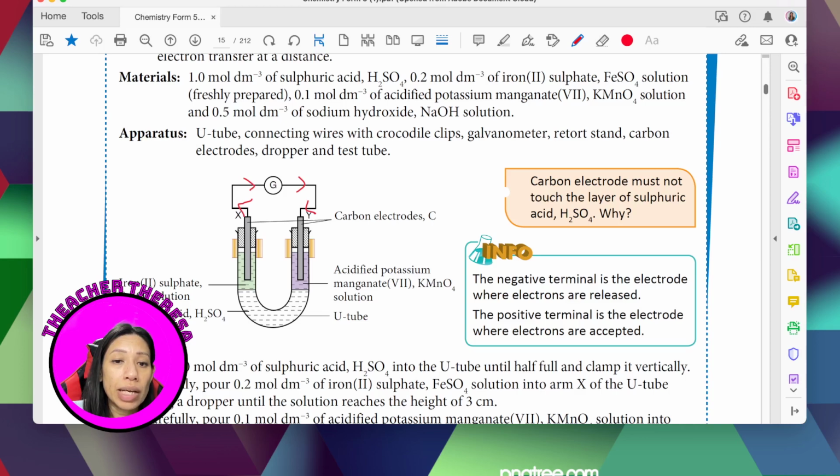So if there is a reaction, there must be some kind of color change here. Here iron(II) is green, so it will change to brown. Brown is actually iron(III). So from iron(II) it forms iron(III).